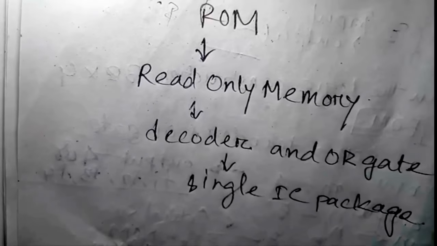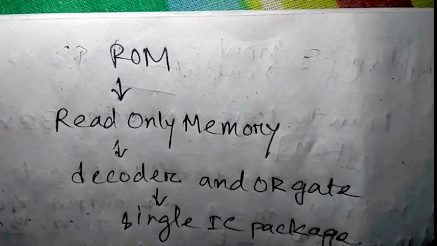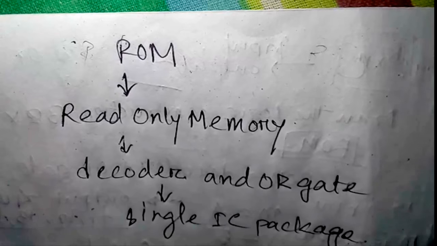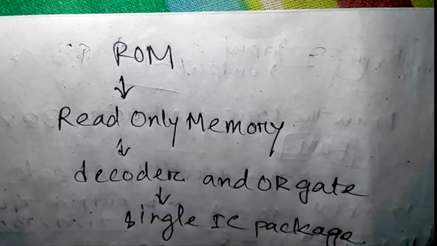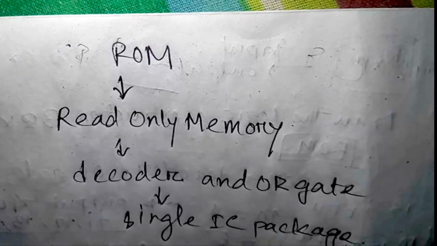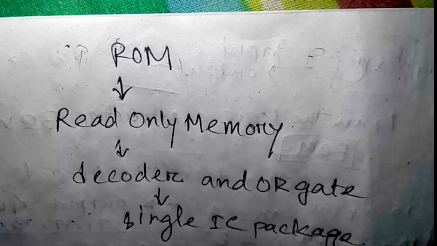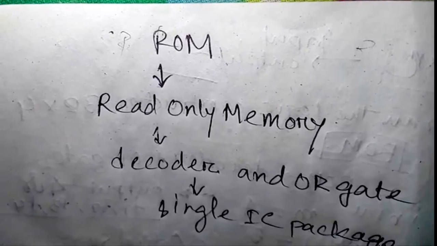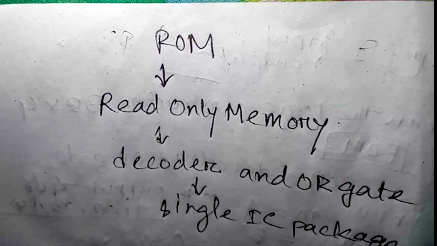So the connection between the outputs of the decoder and the input of the OR gate can be specified for each particular configuration by programming the ROM. We will see later how ROM is constructed.